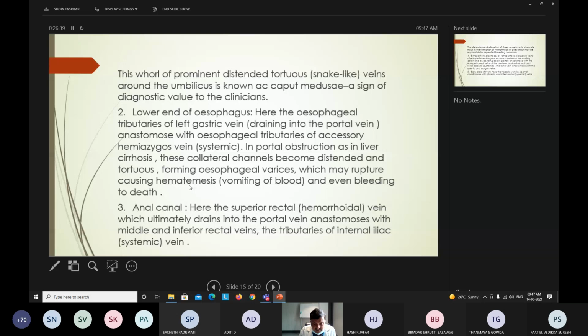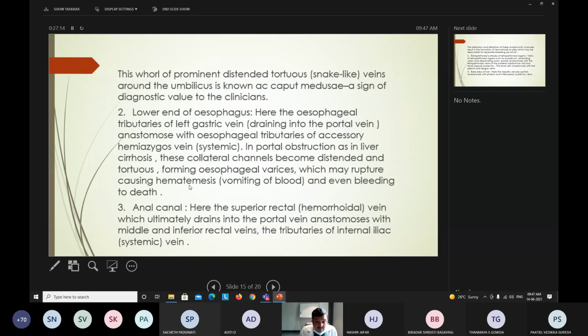In portal obstruction or increased portal pressure, in conditions like portal hypertension, these veins also become dilated and tortuous, forming esophageal varices, which may sometimes rupture, causing hematemesis. Hematemesis is nothing but vomiting of blood, and even bleeding to death.